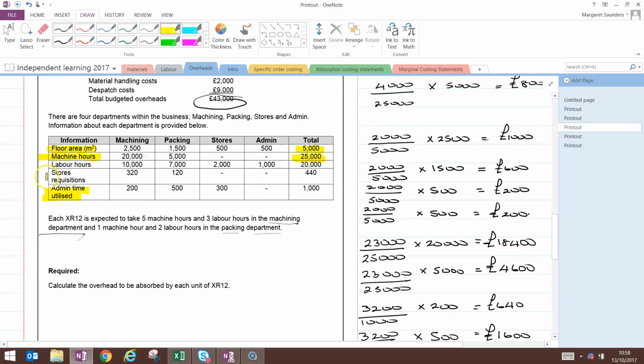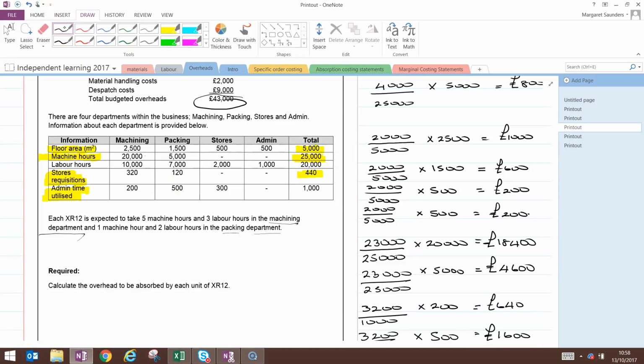And we have stores requisitions. If you remember, I said a requisition was a request. So a number of requests have been made to the stores, a total of 440. 320 were made by machining and 120 by packing.